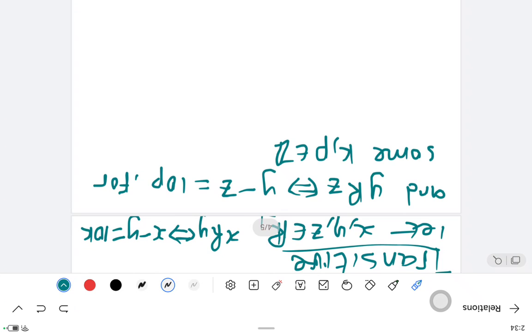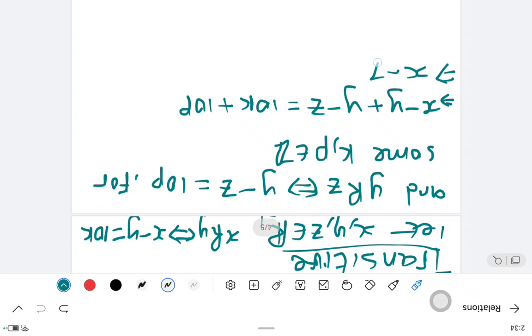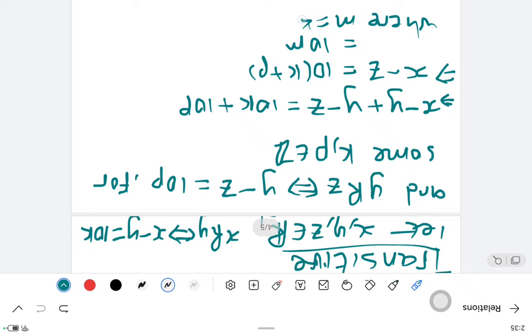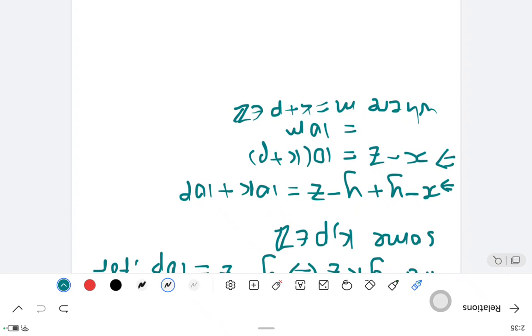So x minus y plus y minus z is equal to 10k plus 10p, which implies that x minus z is equal to 10 times k plus p, the same thing as 10m, where m is equal to k plus p, which is an element of the integers.